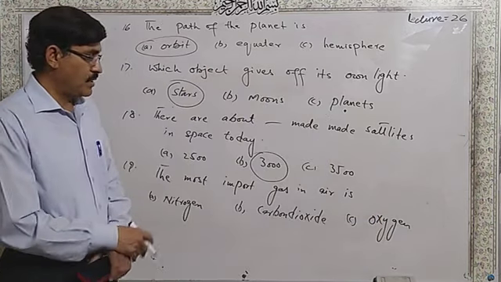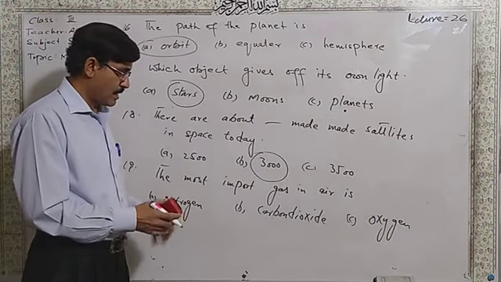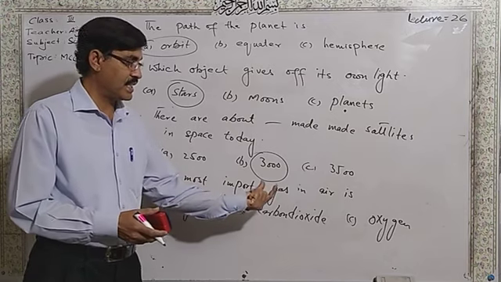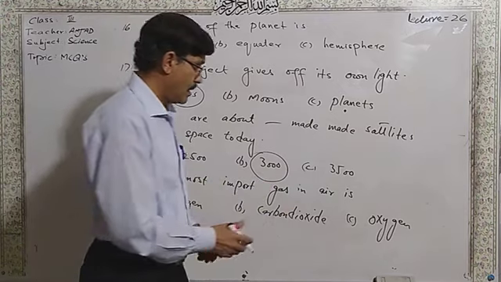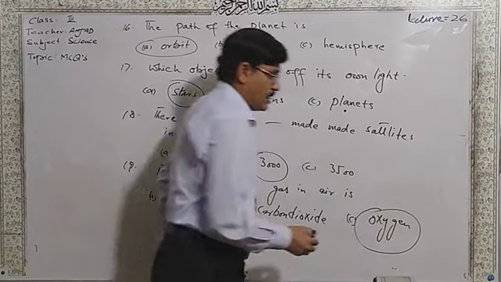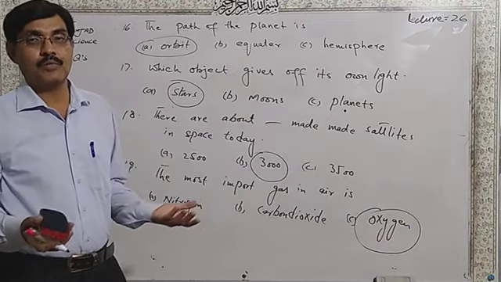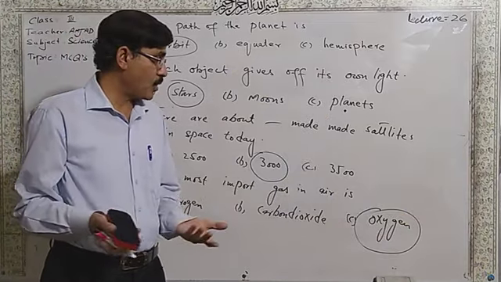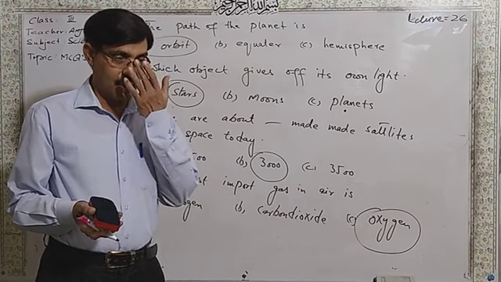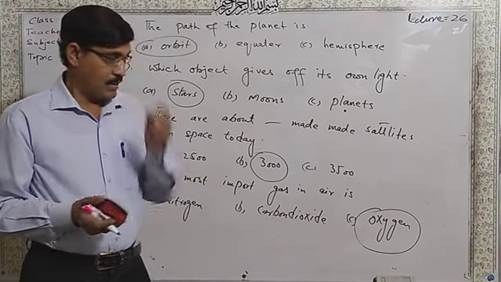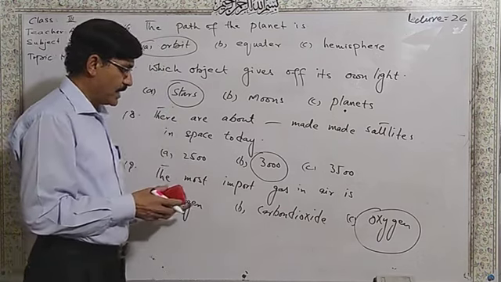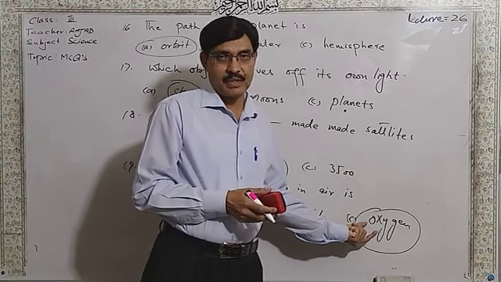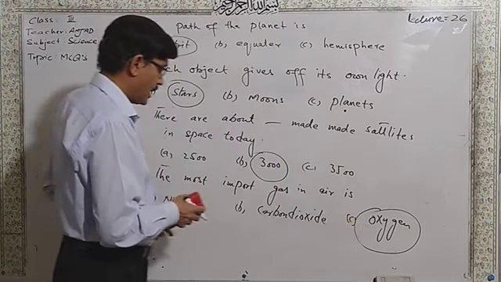It's very simple. If you complete this sentence, the most important gas in air is oxygen. Without oxygen, you can't survive. Without oxygen, you can't stay alive on the surface of the earth. That's why it is a very important gas in air.